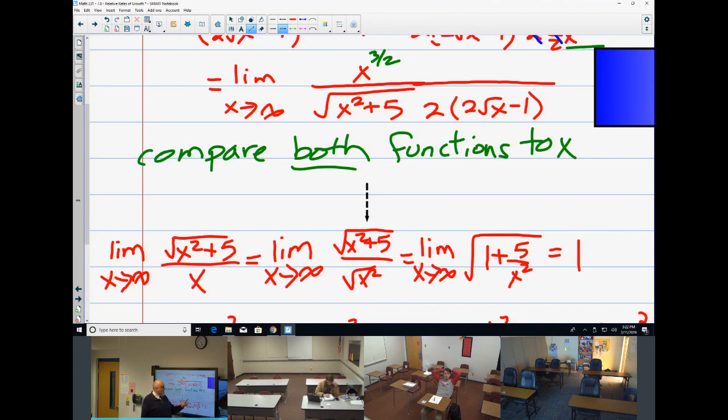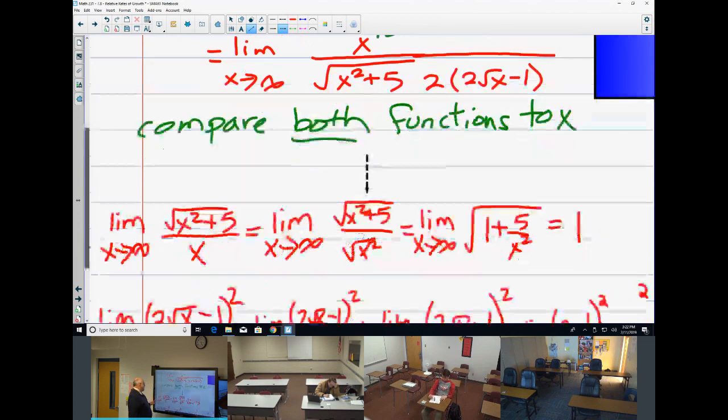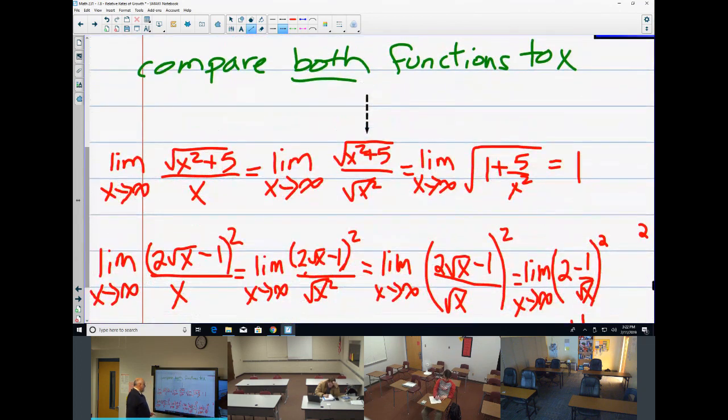So if we get a constant, they grow at the same rate. Now I do the same thing with the other one. Again, look at this step right here. Since this is squared, a cool little algebra trick is to rewrite this as the square root of x squared.